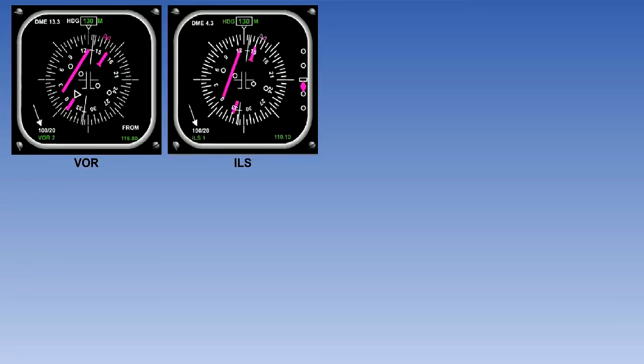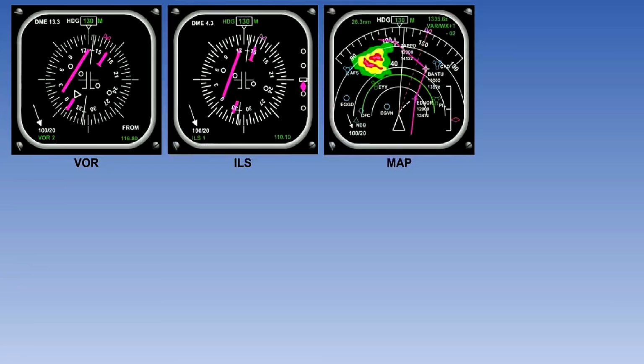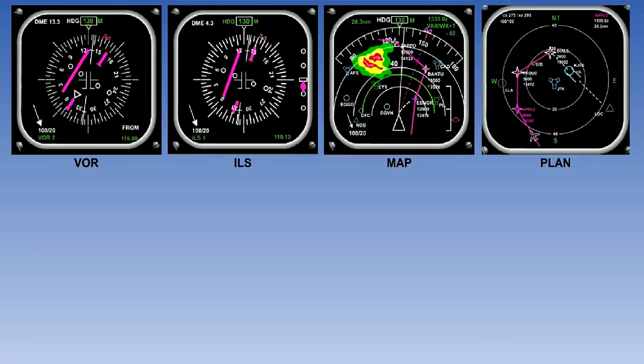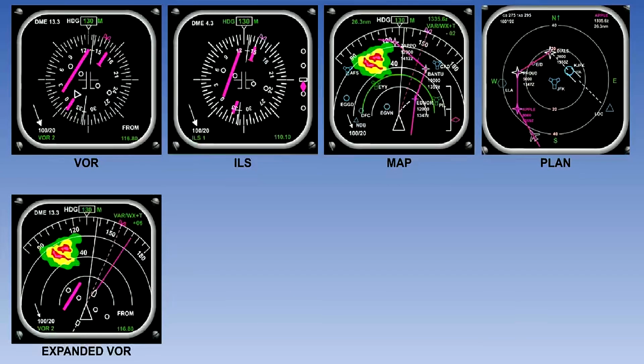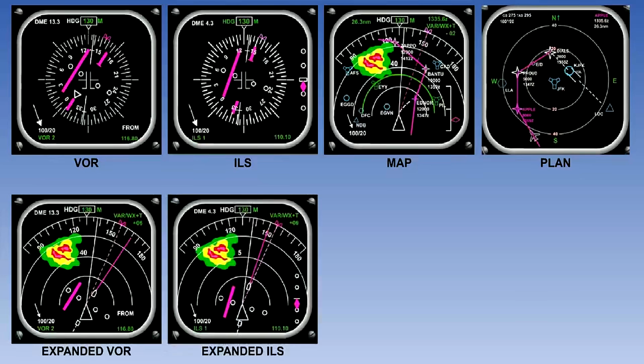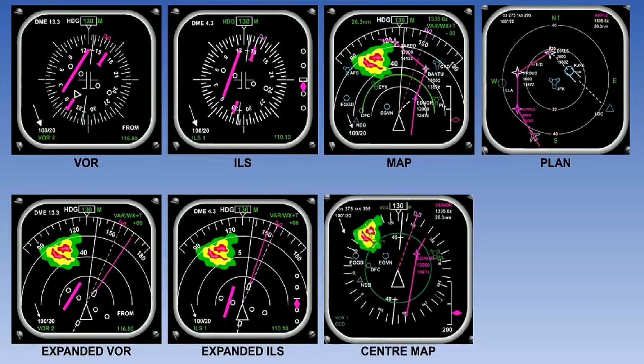There are 7 EHSI display modes. These are 4 basic modes called VOR, ILS, Map and Plan. And 3 of these have expansions or variants. There is an expanded VOR mode, expanded ILS, and a center map display.